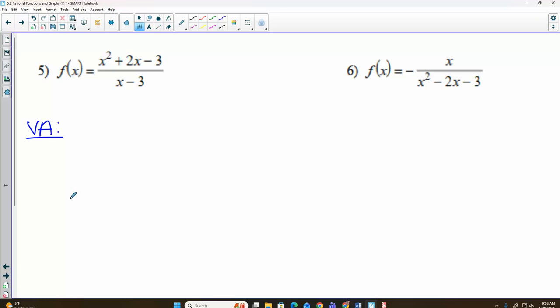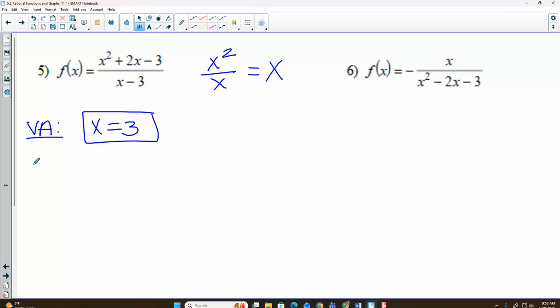So on number 5, what is my vertical asymptote? 3. How do I write it? Okay, if I divide my leading powers of x, x squared over x gives me x. What's that mean? Oblique.